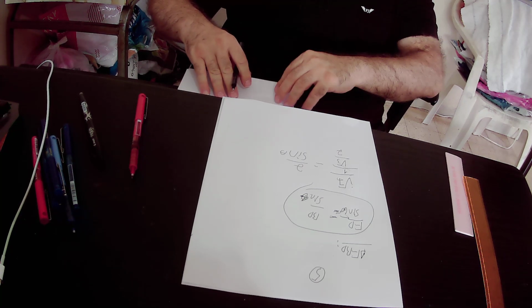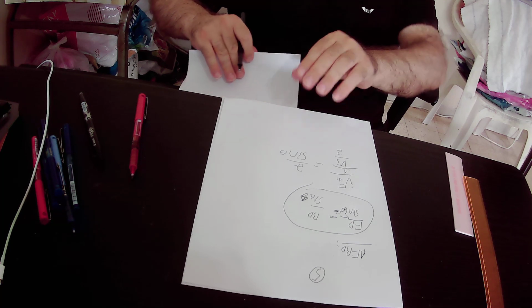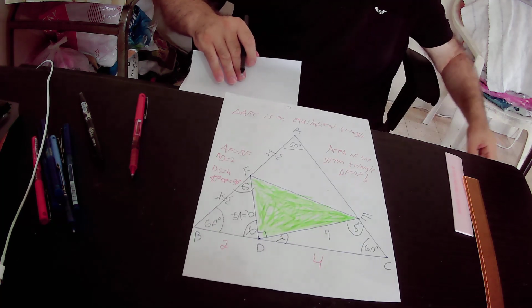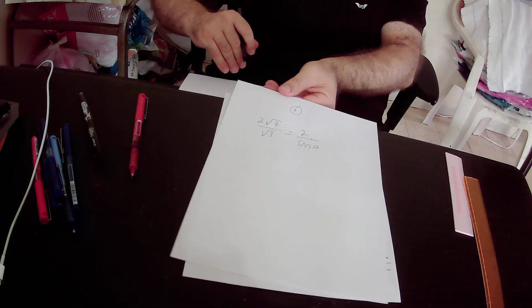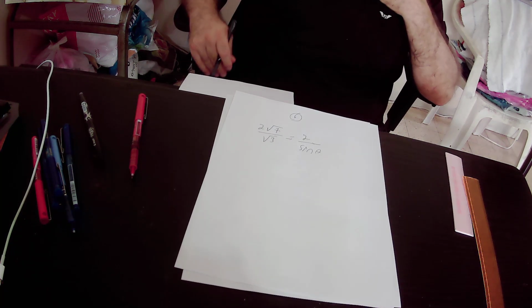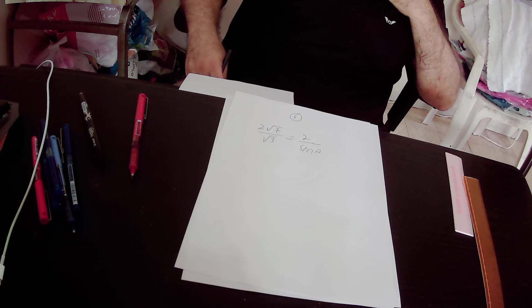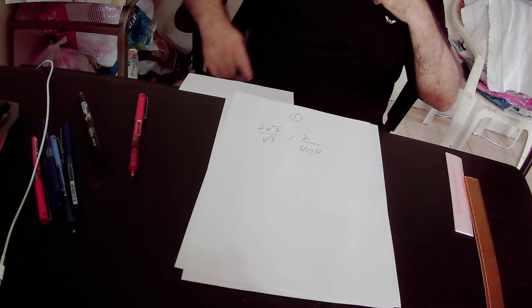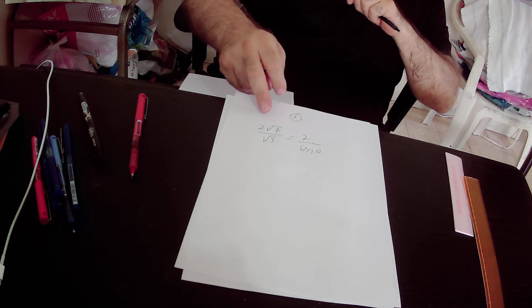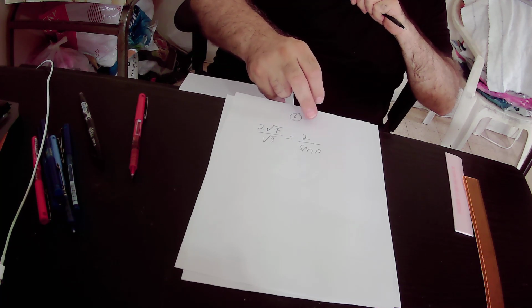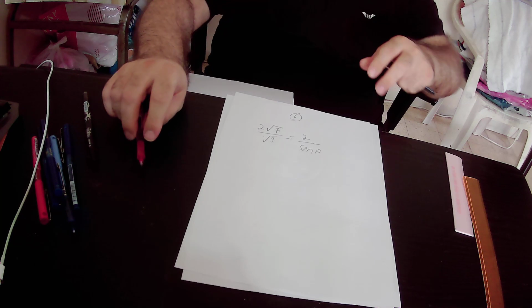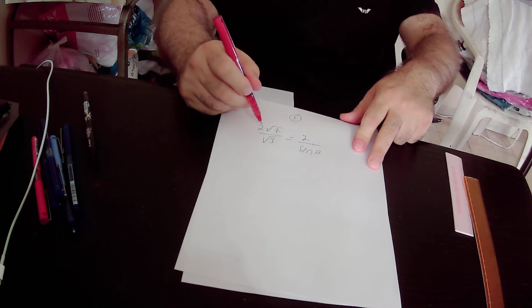Okay, so we got that 2 times root 7 over root 3 equals 2 over sine theta. Here we have 2 in the numerator of this side of the equation, and we have 2 in the numerator of the other side of the equation, so we can cancel 2.